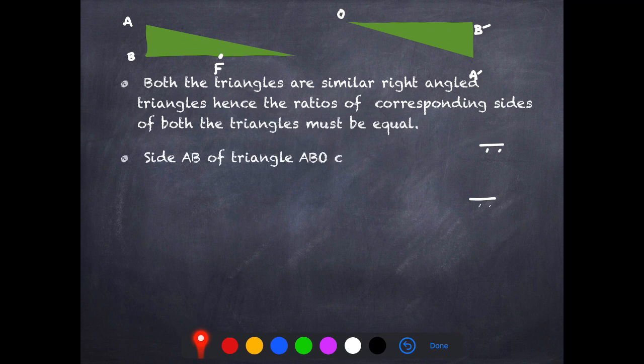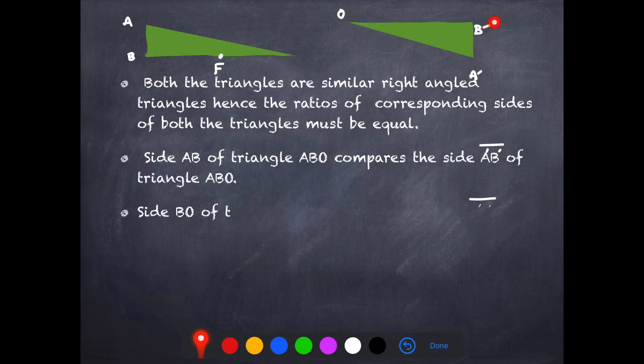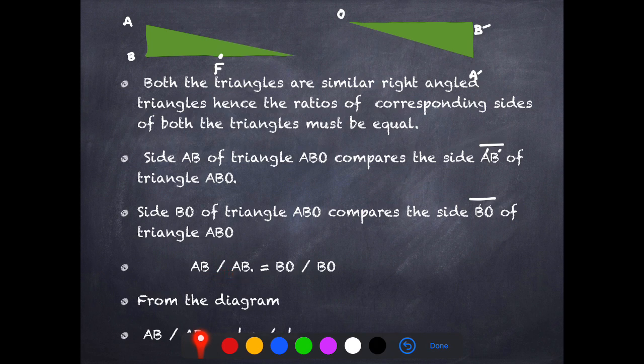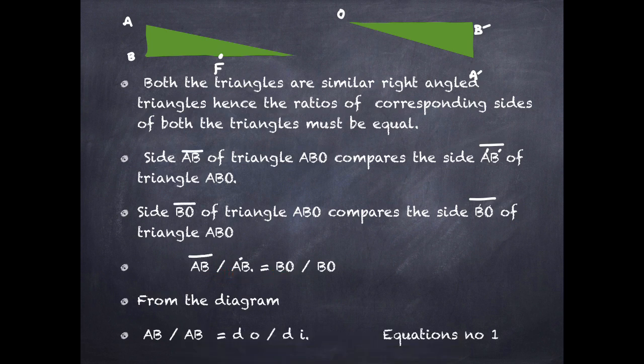The opposite side of one triangle is compared with the opposite side of the other triangle, and the adjacent side of one triangle is compared with the adjacent side of the other triangle. Hence, an equation AB by A dash B dash equals BO by B dash O is formed. AB by A dash B dash equals dO over dI is named equation number 1.